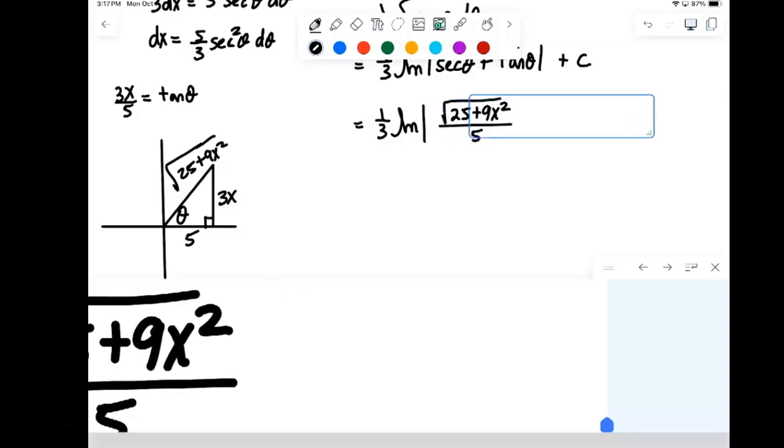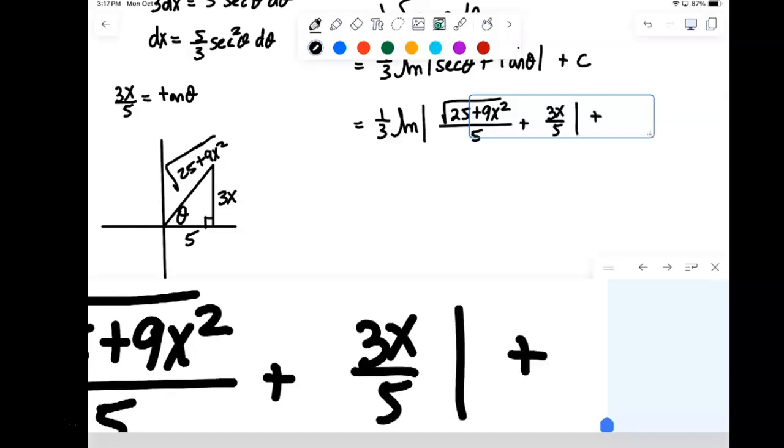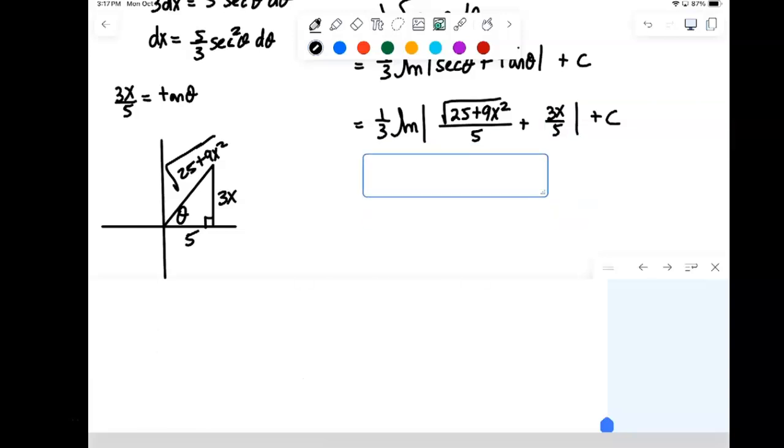And then tangent will be 3x over 5. That's all inside the absolute value. Now, that answer's fine. That answer is absolutely fine.